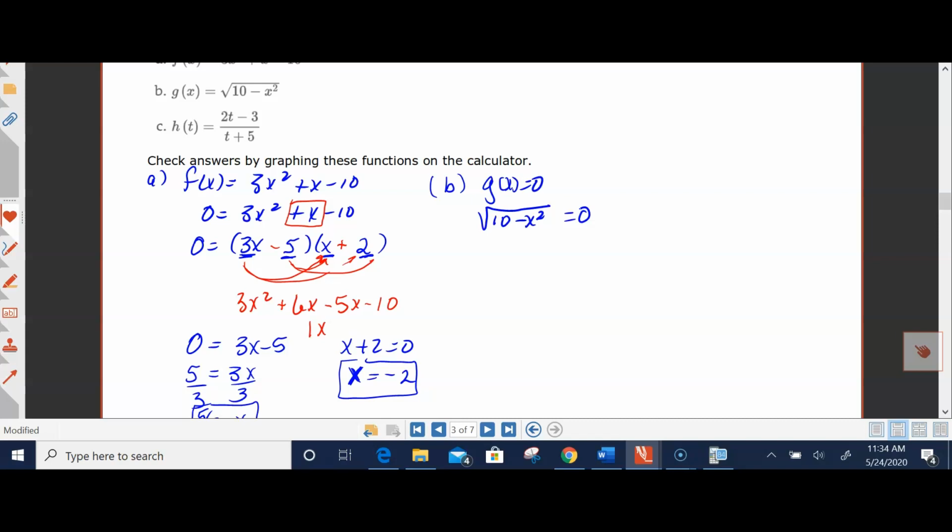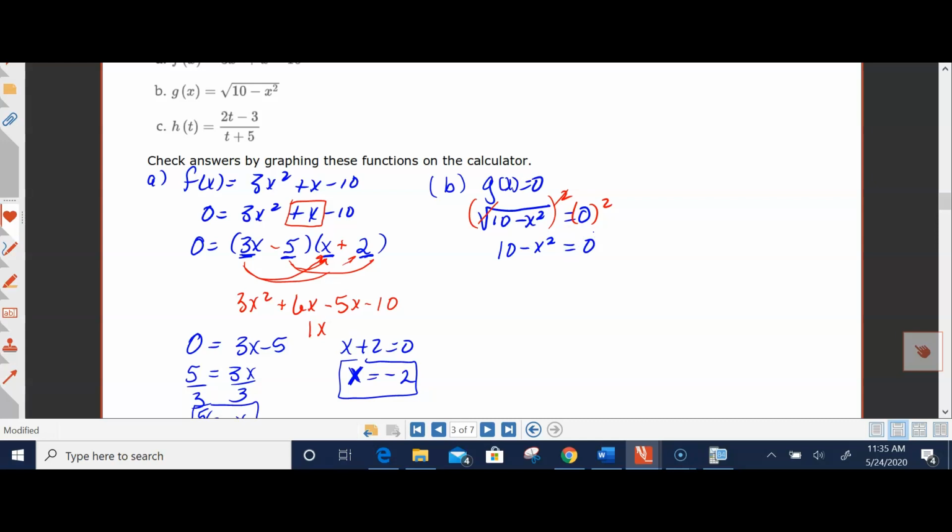So how do I remove the square root to solve for x? Well, I do its inverse. If I square both sides, squaring the square root gets rid of that square root symbol, and I'm left with 10 minus x squared. And that's just equal to 0 because we have 0 squared.